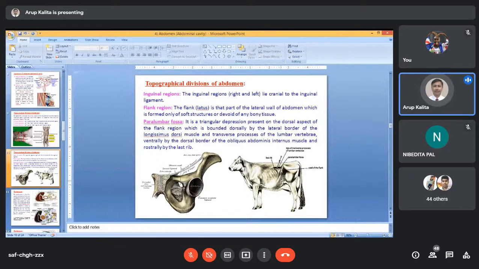Now, what is the importance of this paralumbar fossa? If you want to do a laparotomy in the upper flank region, you have to cut in the middle of the paralumbar fossa. Okay? That is the importance of the paralumbar fossa.